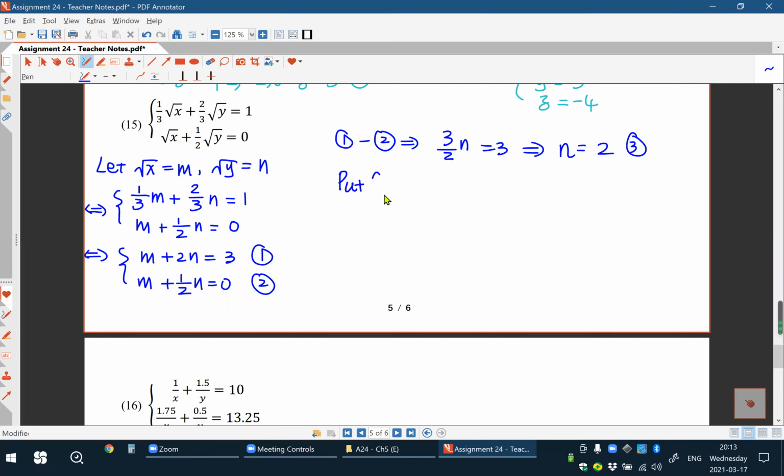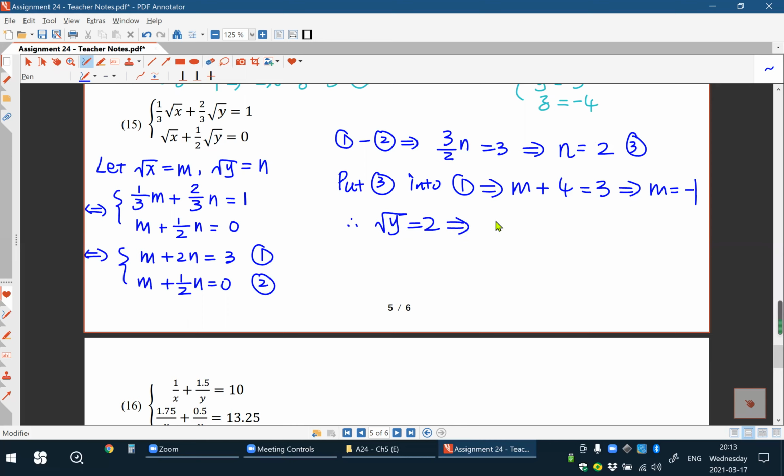And we can then put 3 back into 1. This means m plus 2 times 2, which is 4, equals 3, right? And then you can solve m is minus 1. So n is 2 means square root of y is 2.